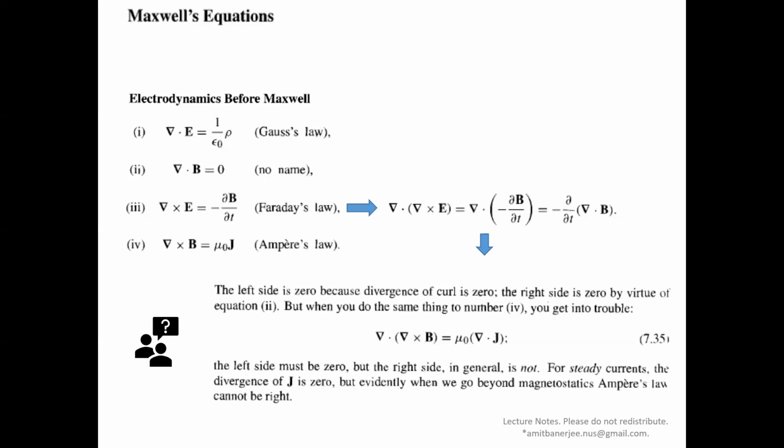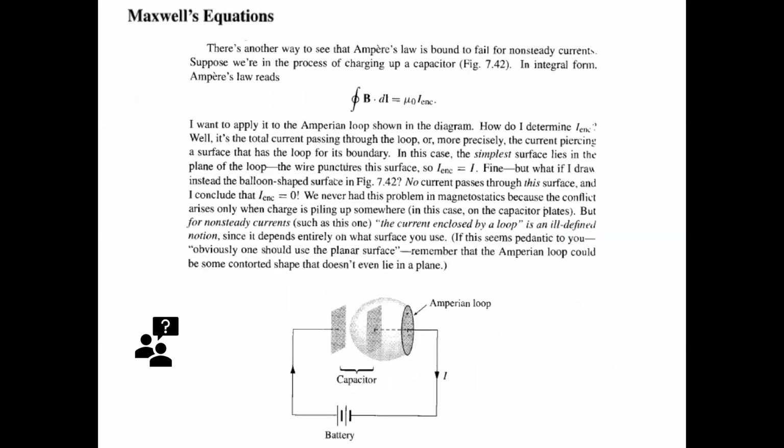It's because of this one term, which is J. Now, there is another way to see that Ampere's law is bound to fail for non-steady current. While it's a steady current, Ampere's law holds well. But if it's a non-steady current, then it will fail.